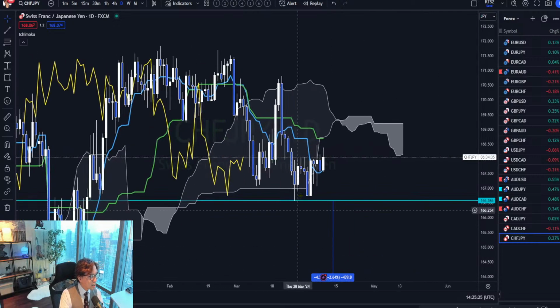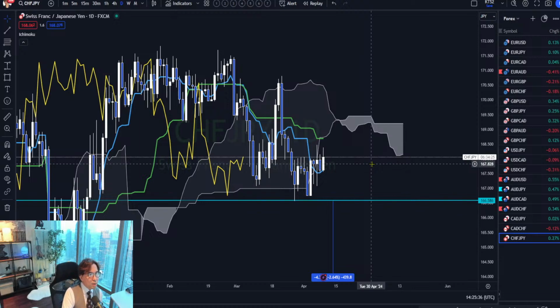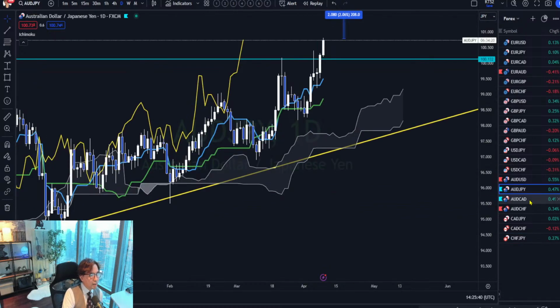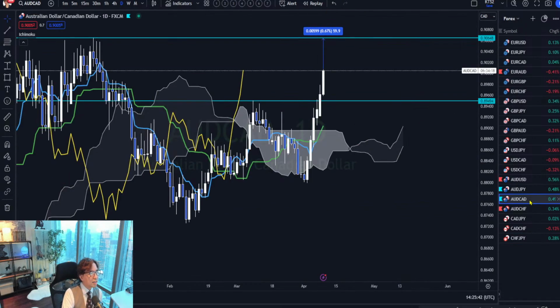And since it's consolidating, ranging, we can't really tell exactly when or how long it continues to consolidate. So yeah, so far I think AUD-JPY and AUD-CAD are the two best trending markets and the two best markets to trade today.